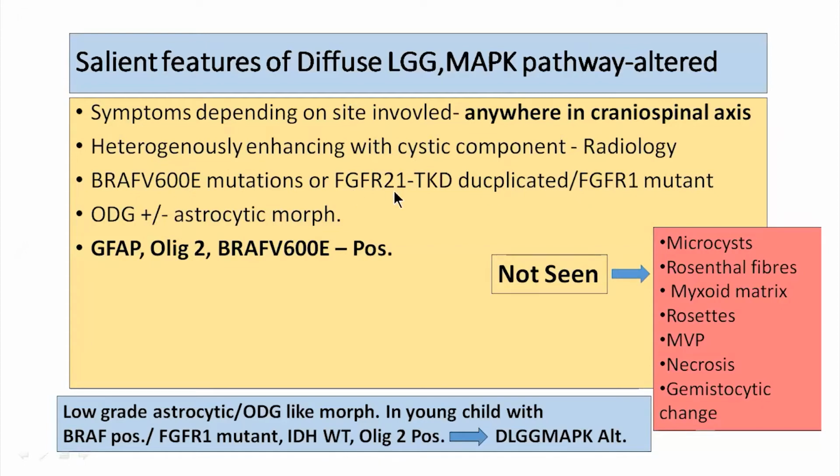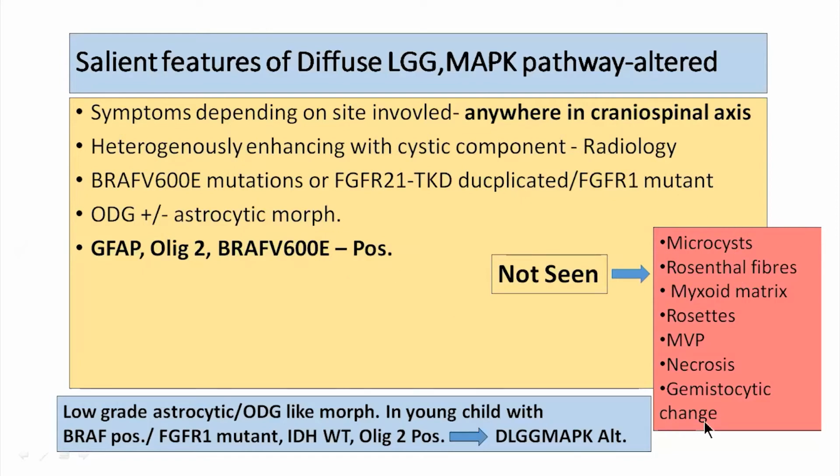Here, it is FGFR1 mutant or FGFR2 mutant with TKD duplication, where the tyrosine kinase domain undergoes duplication. Again, the morphology can be ODG-like or astrocytic, and GFAP, OLIG2, and BRAF V600E will be positive.